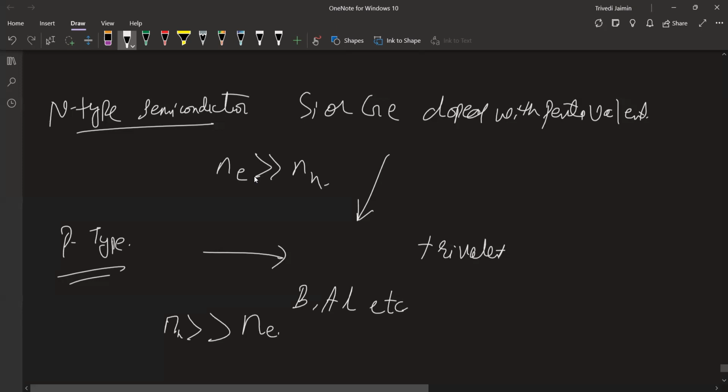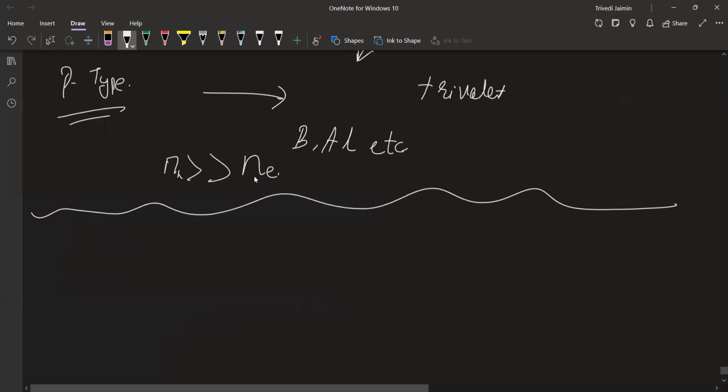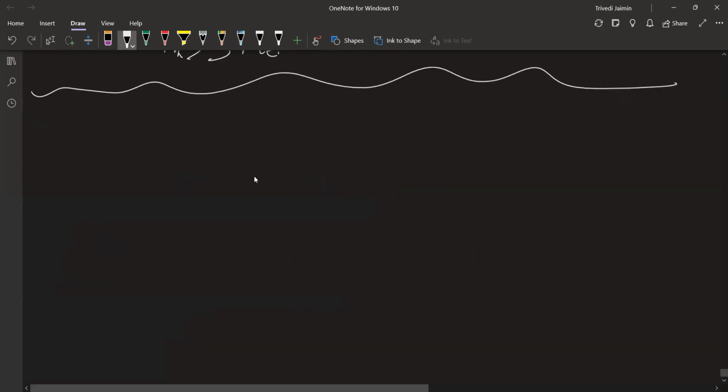Now let's go with some formulas, gates and diodes. Junction diode. What is a PN junction?